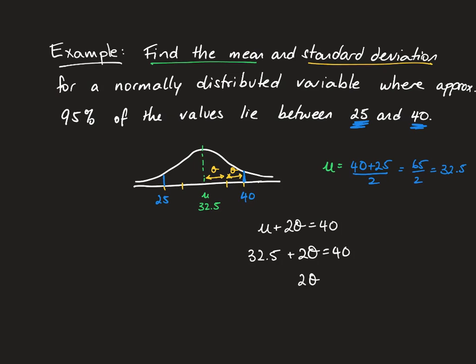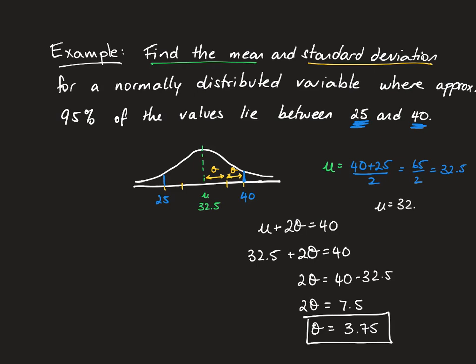So 2 standard deviations is 40 minus 32.5, which is 7.5. So our standard deviation is half of 7.5, which is 3.75. And our mean was 32.5.